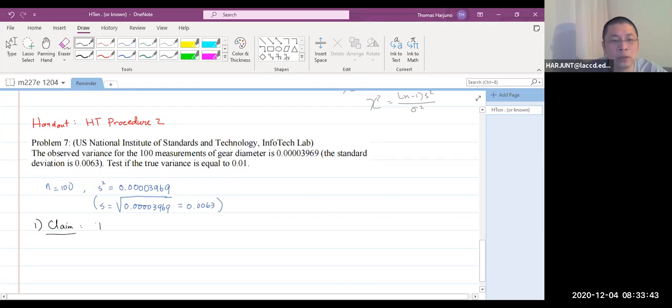Claim: the true variance, of course this refers to population variance, of gear diameters, is 0.01.